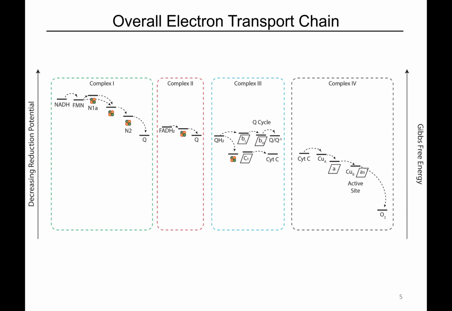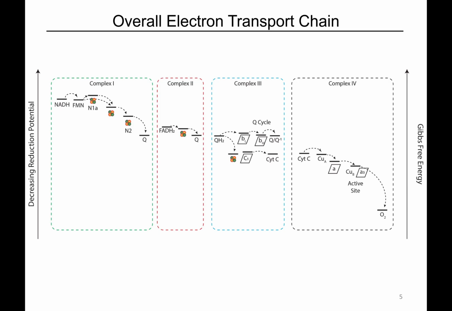We then enter into complex 3, where we start with one reduced equivalent of ubiquinol, and in here it undergoes the Q cycle, where one electron goes through a series of B-type hemes given to a different Q site, the Q1 site, and that electron is held onto temporarily.